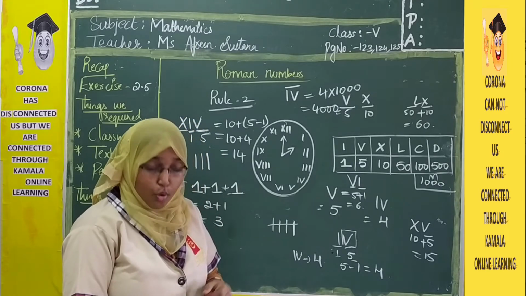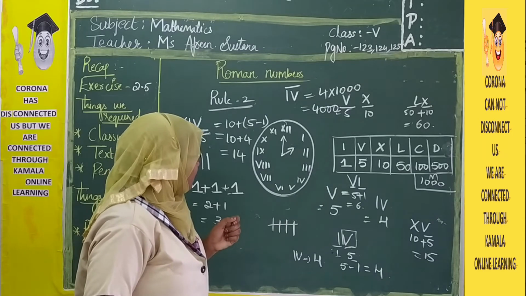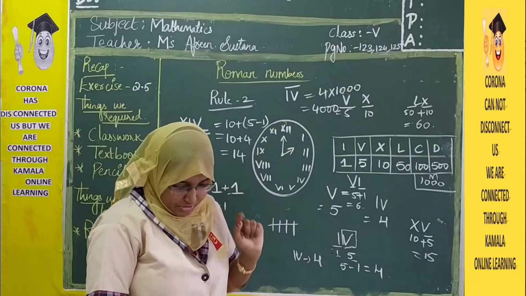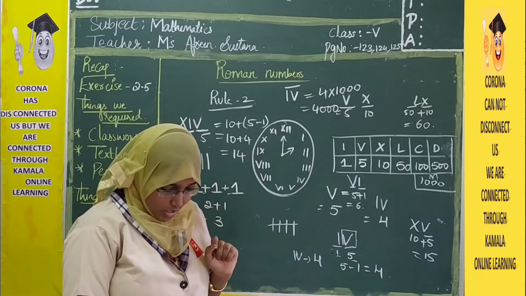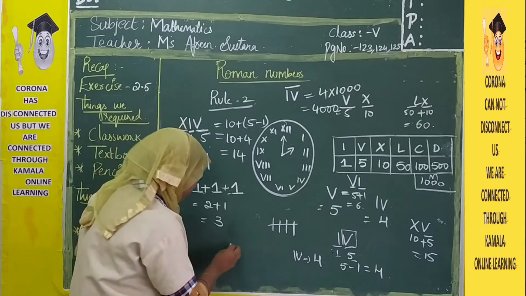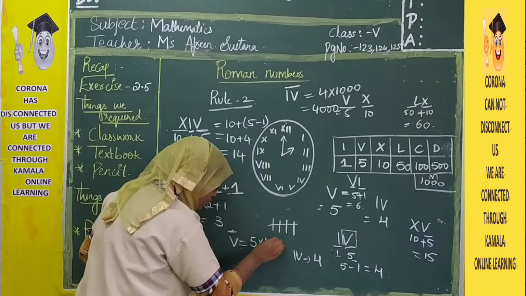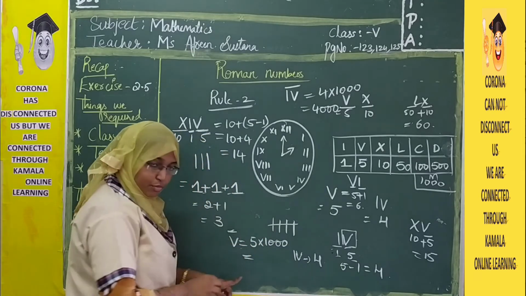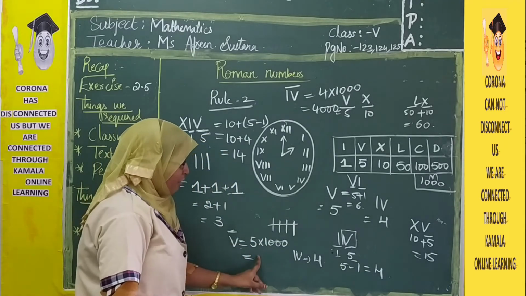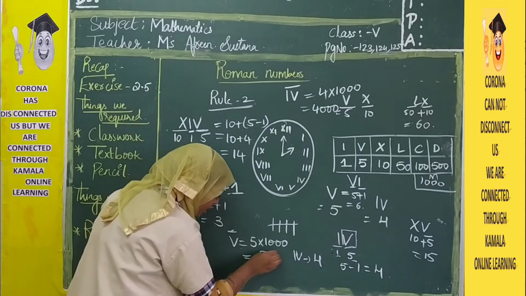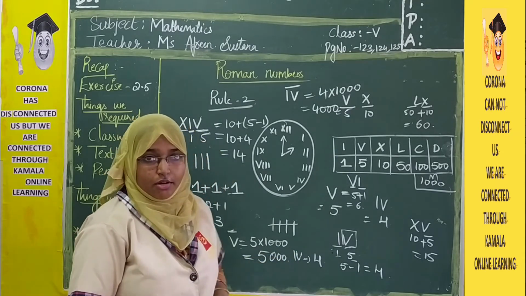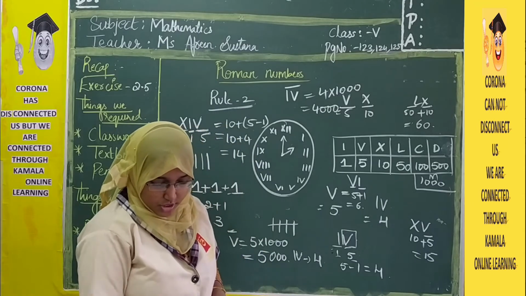If a bar is placed over a numeral, then it is multiplied by 1000. So you have given V bar. Nothing but V is 5. So 5 into 1000. Whenever they give a bar on a Roman numeral, we will multiply it with 1000. 5 into 1000 is 5000. Right? I hope everyone has understood what the rules are.